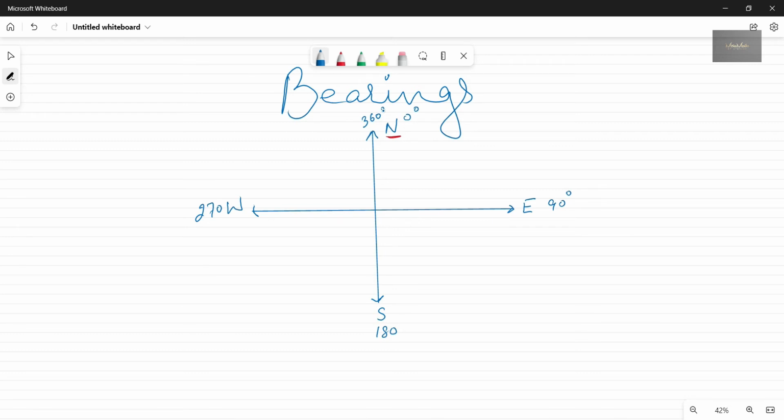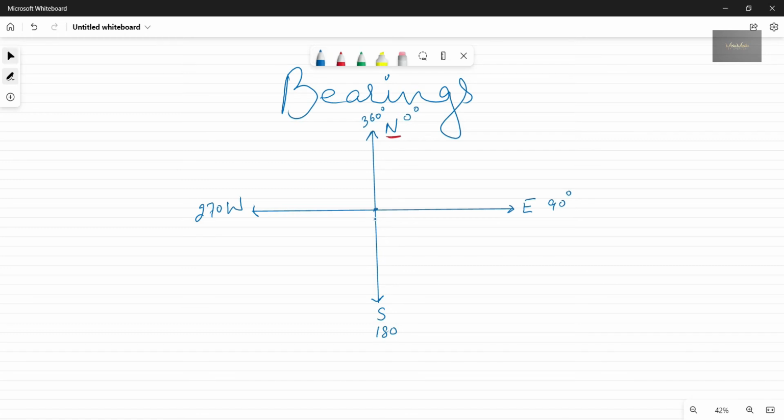So all the angles from 0 to 90 will go in the northeast direction, 90 to 180 in the southeast direction, 180 to 270 in the southwest direction, and in the northwest direction we have all the angles between 270 and 360.